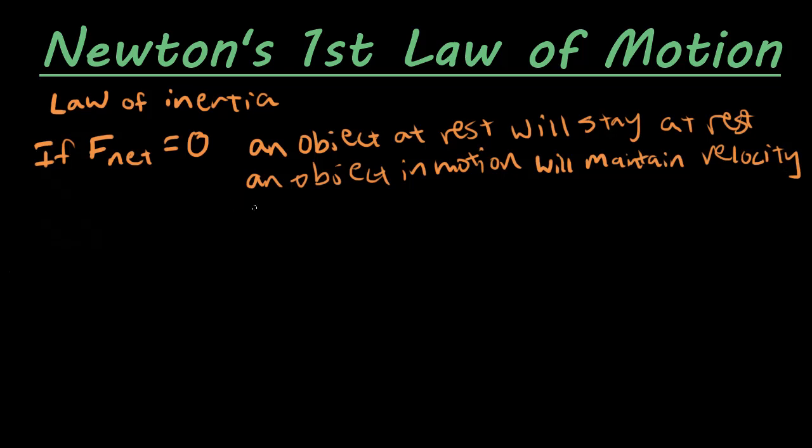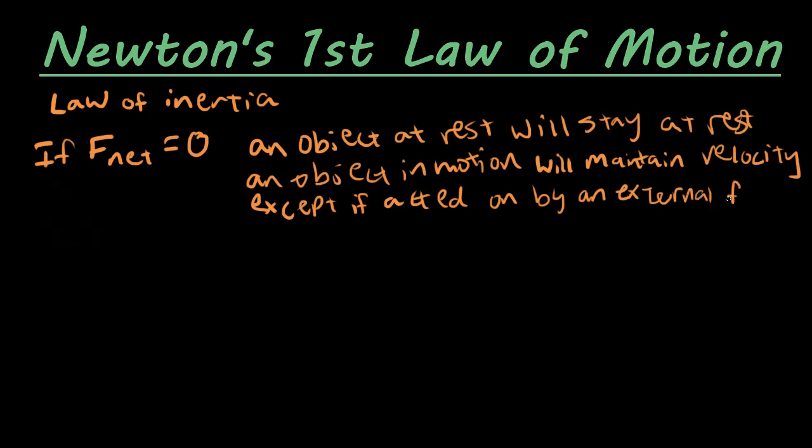So we add that last part: except if acted on by an external force. If there's another force that is pushing our object, then that force is going to change the motion of our object.